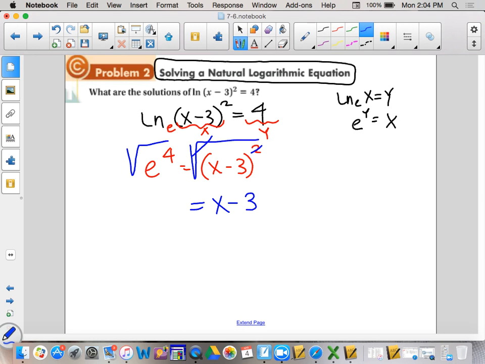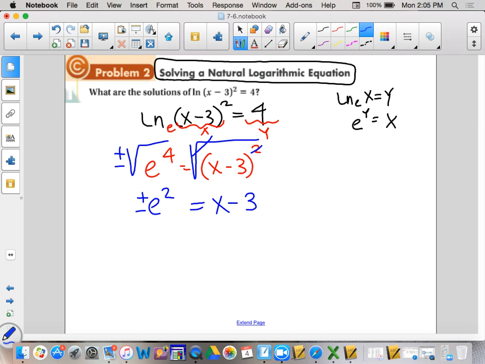What am I missing on the left-hand side? Anytime I take the square root, what do I put in front of it? Plus or minus. So this is going to be plus or minus e squared, because what's the square root of 4? 2.